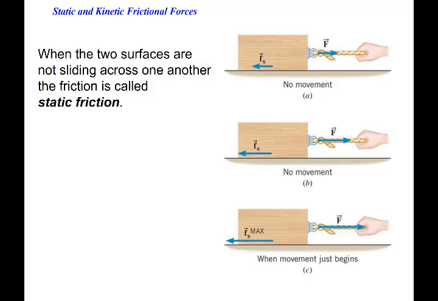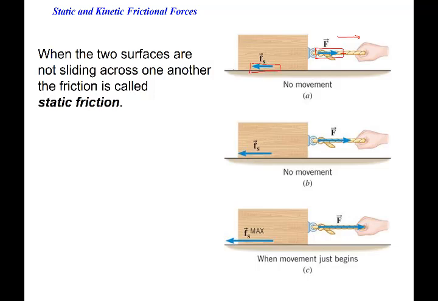When two surfaces are not sliding across one another, the friction is called static friction. No matter how big a force you apply in this direction, the object seems to not move, so something is holding it back. Check the magnitude of this vector and this vector.